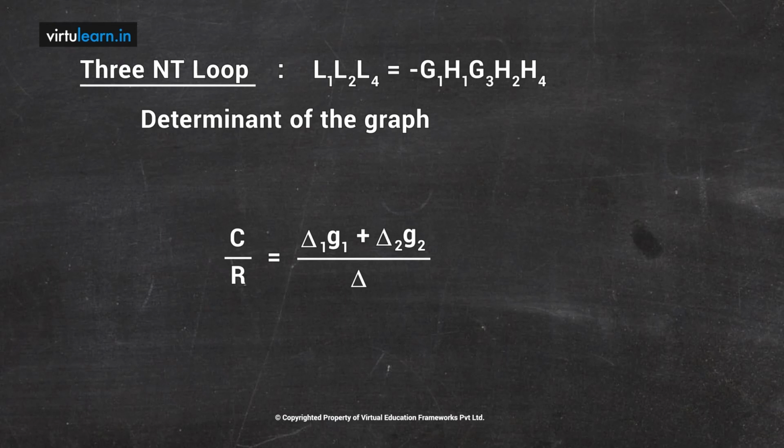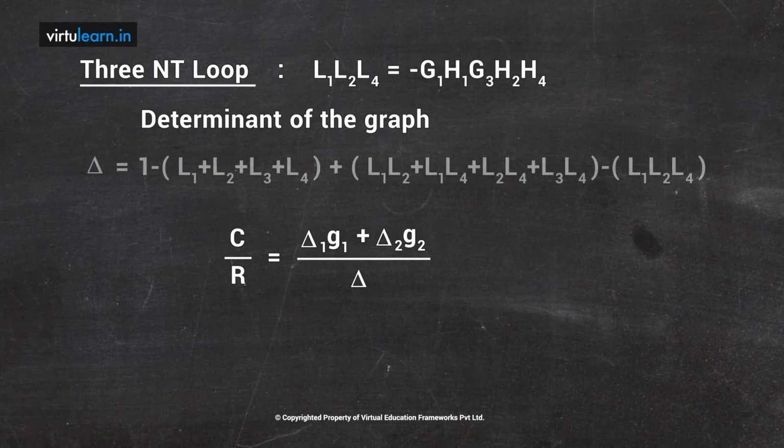Delta we know already: delta is 1 minus the sum of all individual loops, L1 plus L2 plus L3 plus L4, plus the two non-touching pair combinations. We have four possibilities: L1 L2, L1 L4, L2 L4 and L3 L4, minus the three non-touching loop combination, that is L1 L2 L4. So this is what delta is. This delta is the denominator. It is also called the determinant of the graph.